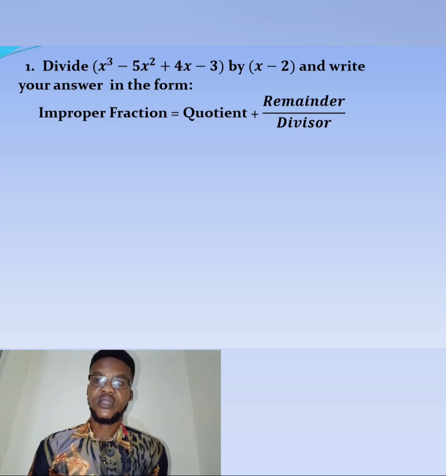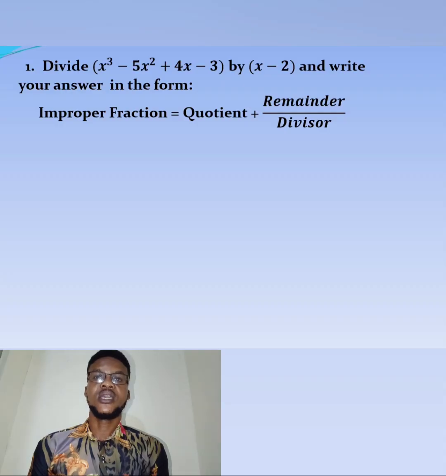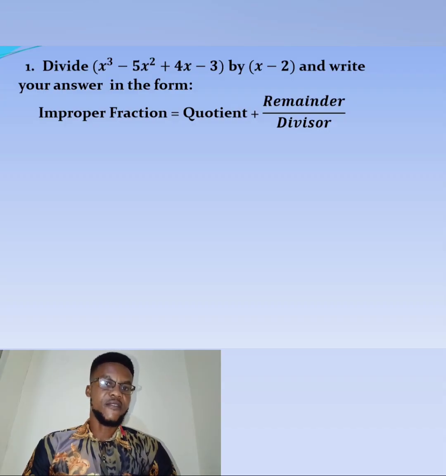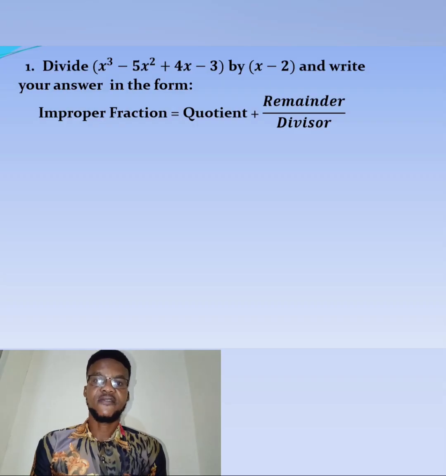Remember, in the previous one, we wrote the dividend form, where we said the dividend is equal to what? The quotient multiplying the divisor plus the remainder. But this time we are going to write it in the improper fraction form, because I told you that a polynomial can be written in this form. Have you gotten my point? Great.